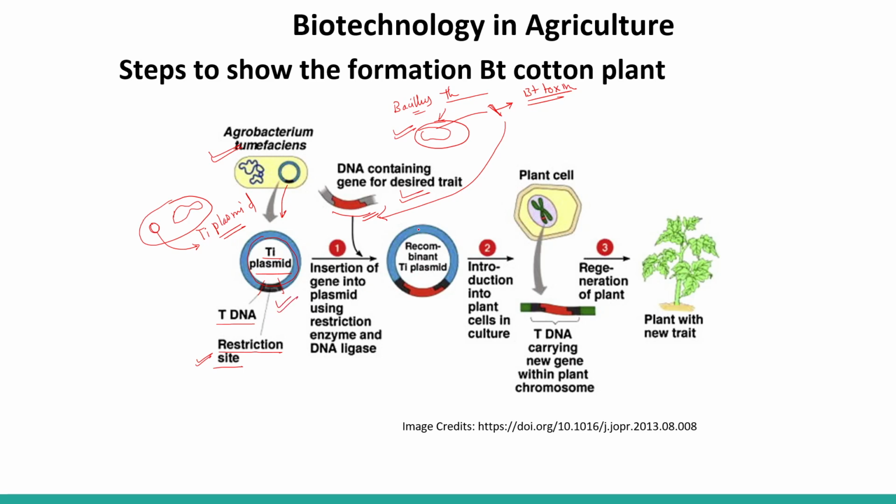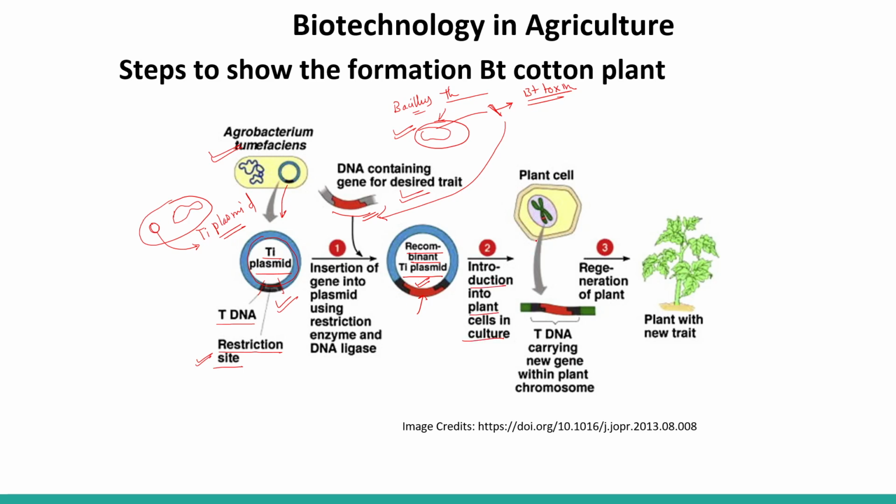So here we can see the recombinant Ti plasmid. Why is it called recombinant Ti plasmid? Because a gene of interest has been inserted into it. So now it becomes recombinant type and is known as recombinant Ti plasmid. Now the next step, introduction into the plant cells in culture.